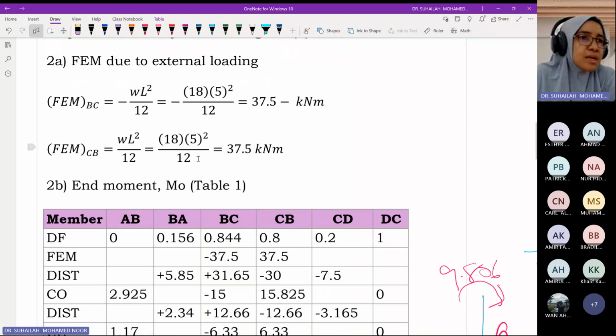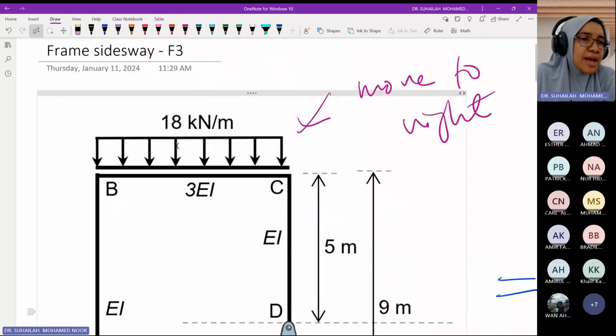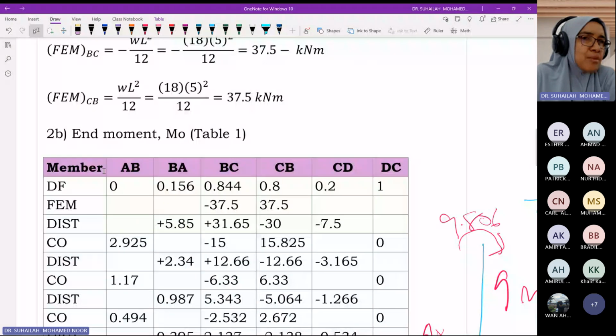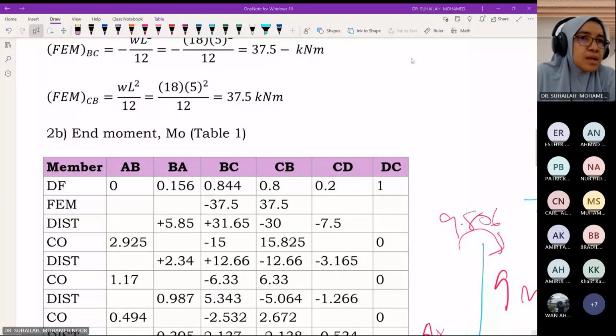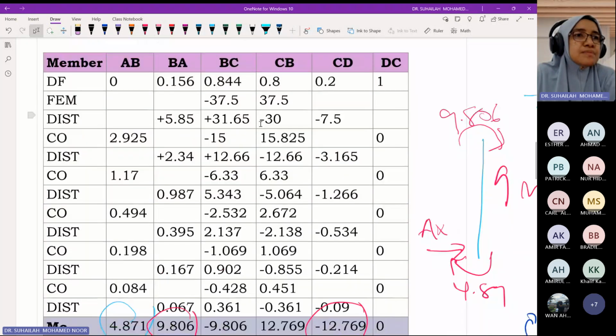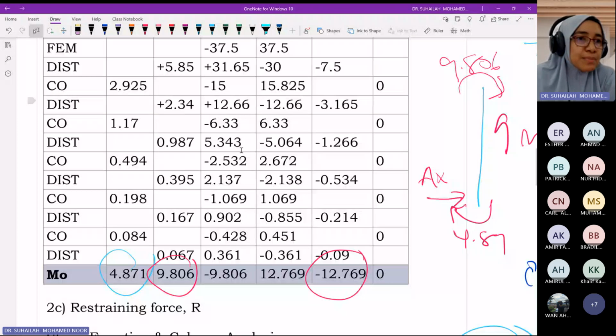As usual, we calculate based on the UDL and then the end moment. The end moment is also as usual. Later we will do the table together, table 2. So you will get this M naught.